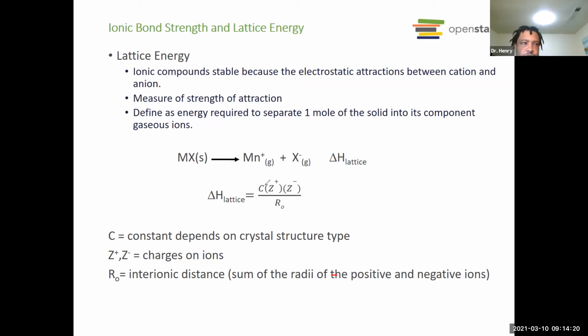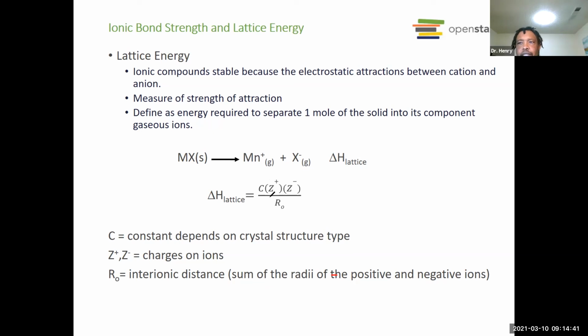So there's like a face-centered, there's a body-centered. Depending on the crystalline type, it's going to have a constant associated with that. So you're just going to have C for that constant. This here represents your charged ions, right?